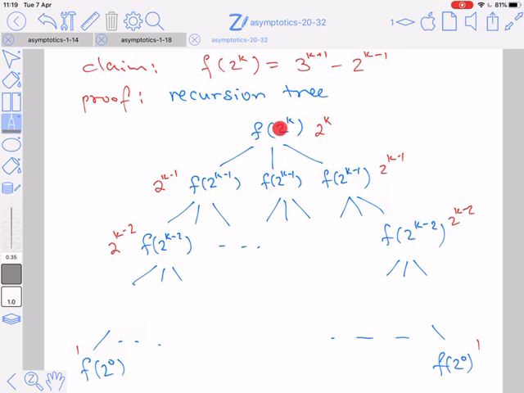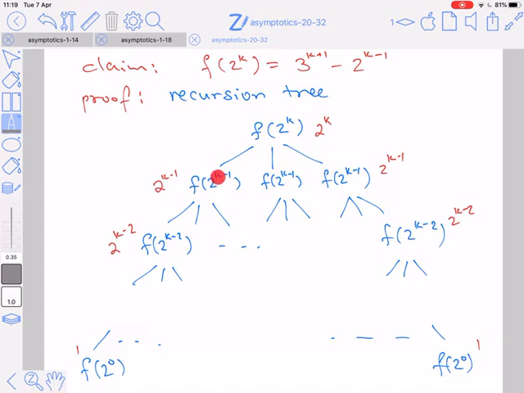When we try to compute f of 2 to the k, we get a penalty of 2 to the k, but now we have 3 invocations of the recursion with an argument which equals half the original argument. Each one of these recursive calls has a penalty of 2 to the power of k minus 1, and it invokes 3 recursive calls with half the value of the argument.